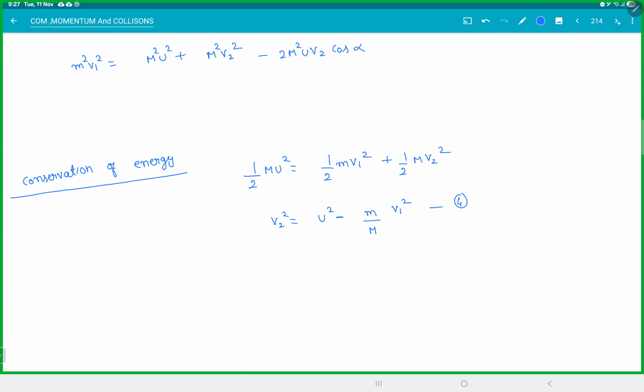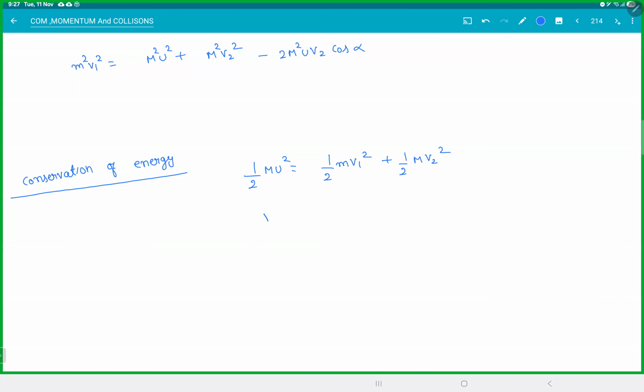Then we get this v2 square is this. So you want to eliminate any one of them. Let's eliminate v1 or v2, it doesn't matter.